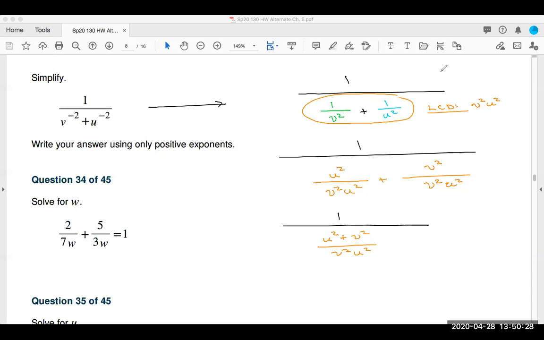Okay, so now here, this is important. You need to remember that this 1 can actually be written as 1 over 1. Let me save this, clear out the top.